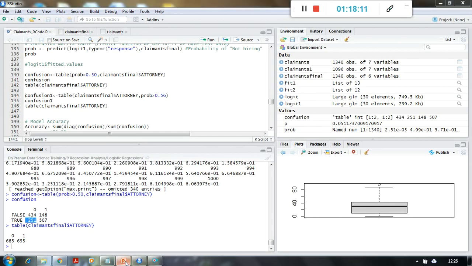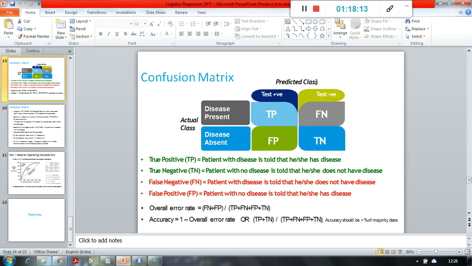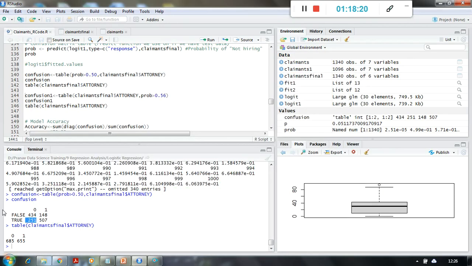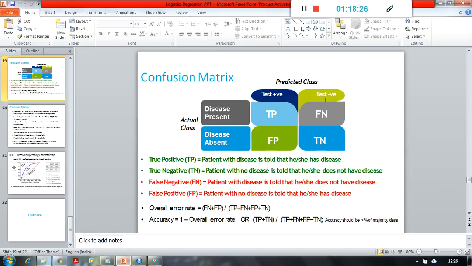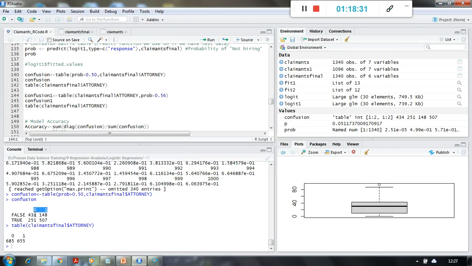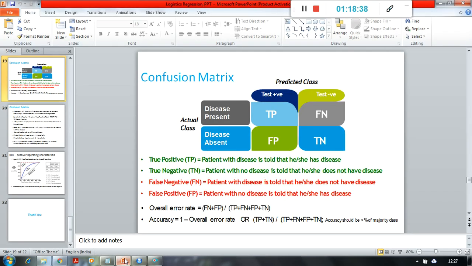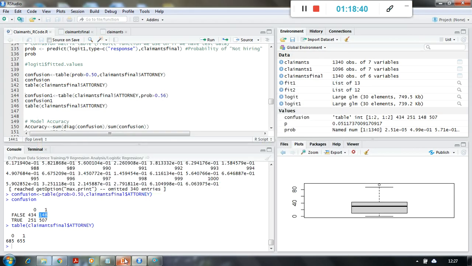So 251 is going to be my false negative. Why? Because here I have taken predicted values on rows and actual values on columns, and that is why my FN and FP are going to interchange, and because of that 251 is my FN value and 148 is my FP value, right?